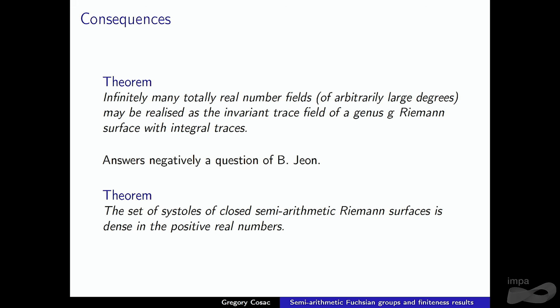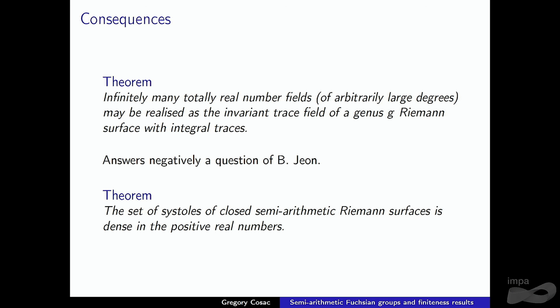All right, a couple of consequences of this construction. One of them is that for every fixed genus, you can find infinitely many totally real number fields of arbitrarily large degrees, if you want, that can be realized as invariant trace field of a semi-arithmetic Riemann surface of genus G. And that was once conjectured not to be true, because we knew before that you can realize infinitely many number fields as invariant trace fields of semi-arithmetic surfaces, but you had no control over the genus.